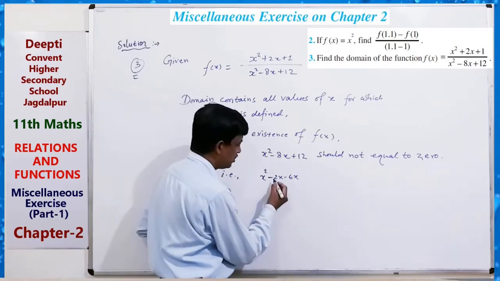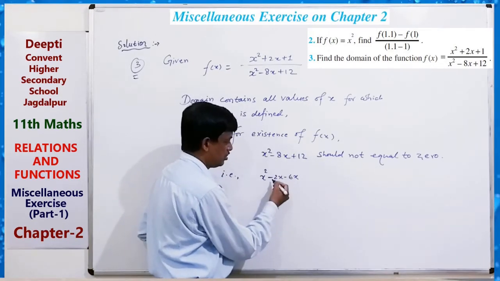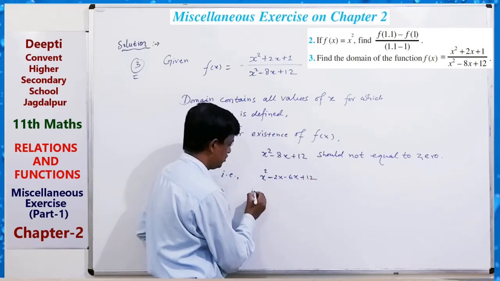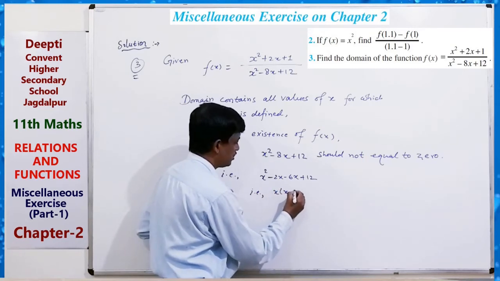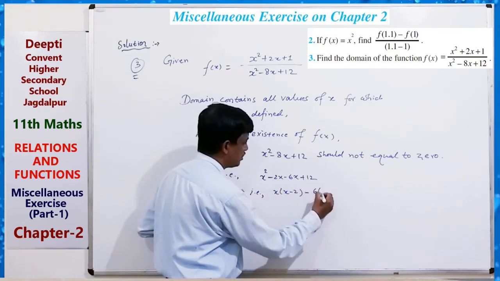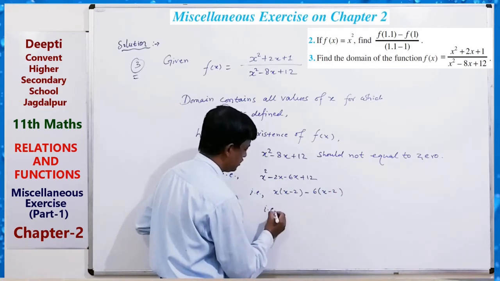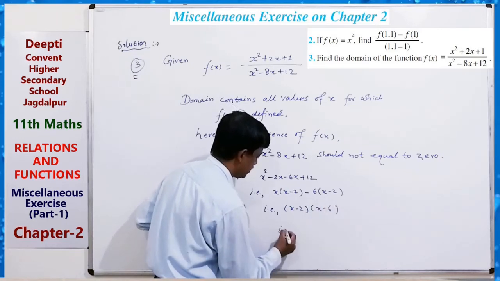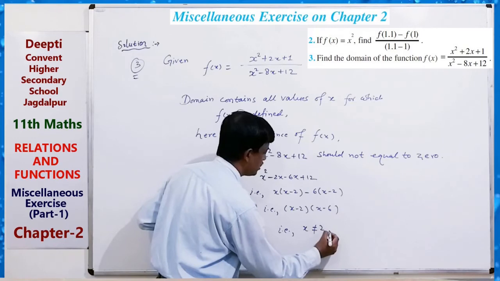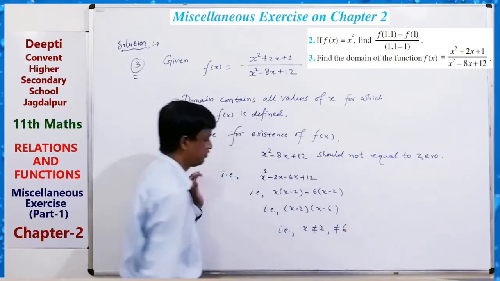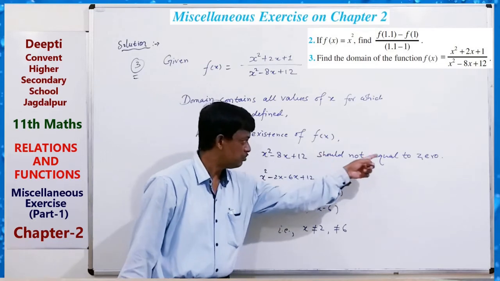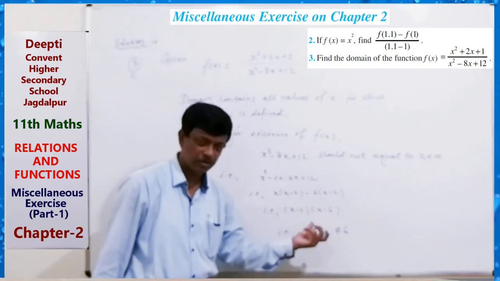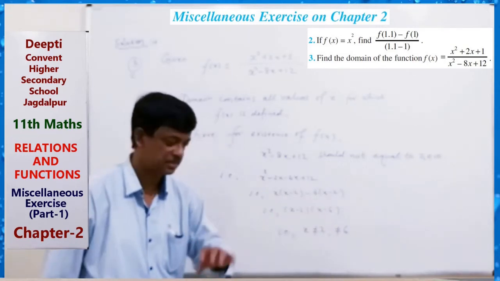So x common, x minus 2, minus 6 common, x minus 2, that is x minus 2 times x minus 6. This should not equal 0. If x equals 2, this is 0. If x equals 6, this is 0. So x is not equal to 2 and not equal to 6. Clear?